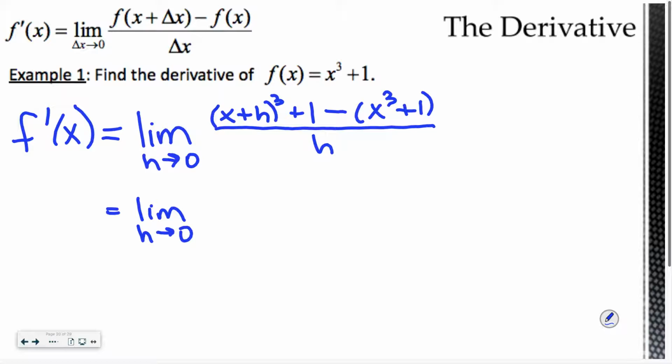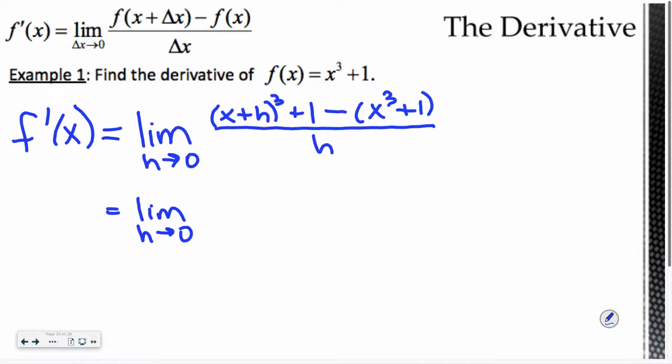Okay, and going back to all of our limit knowledge, if we try to plug in 0, we get 0 over 0. And so we need to do some algebra in order to get some things to cancel out. And you know, because you've done problems like this before, what do we really need to get canceled out? H. That h needs to get canceled out somewhere.